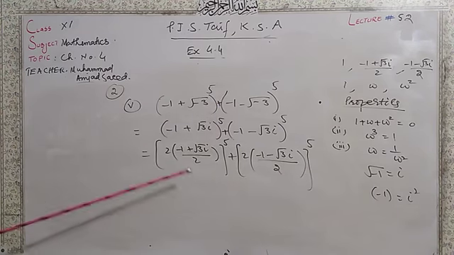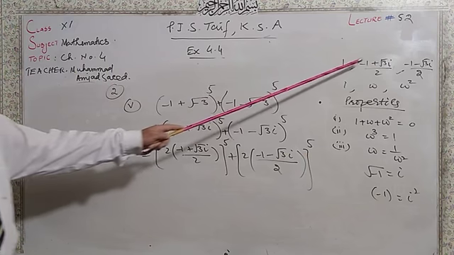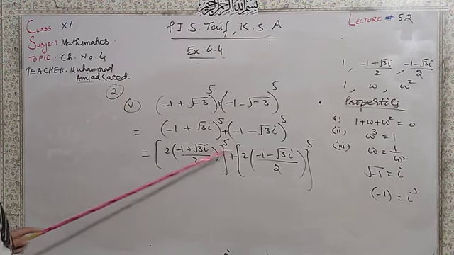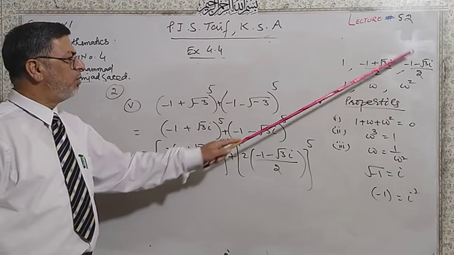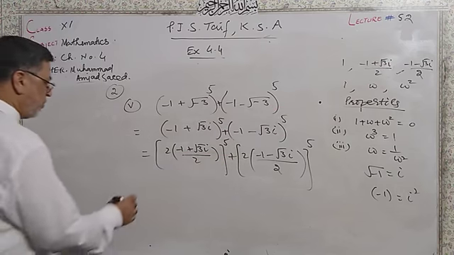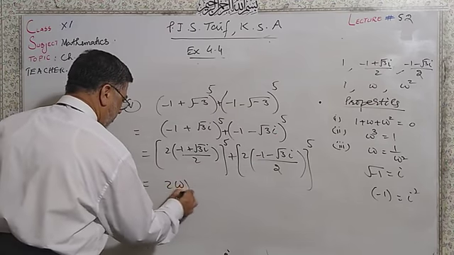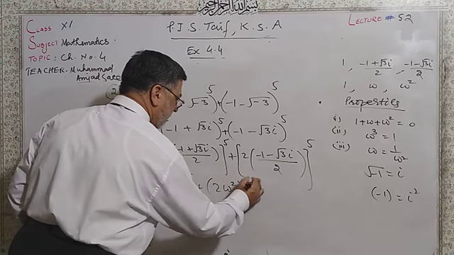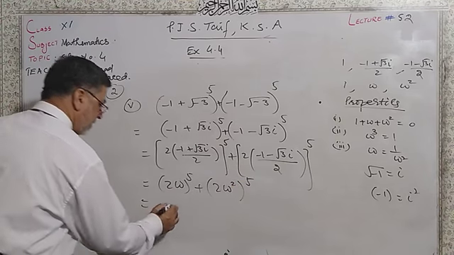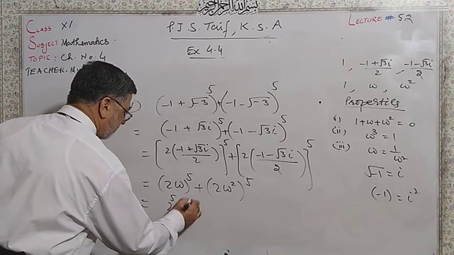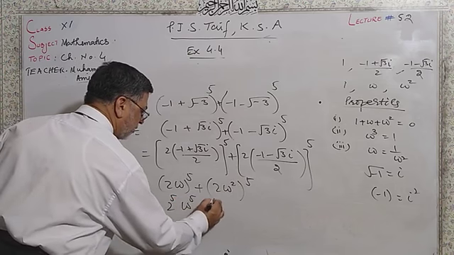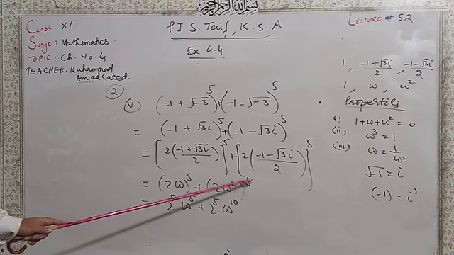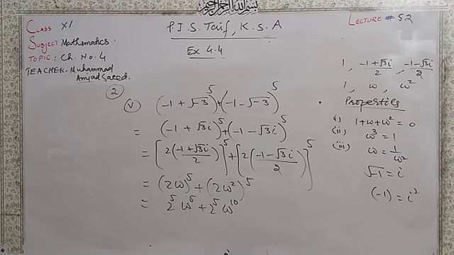Now, dear student, what is this? This is omega, and this one is omega square. So you can have (2 omega) power 5 and (2 omega square) power 5. It will be 2 power 5 omega 5 and 2 power 5 omega 10. Remember that power over power, both are multiplied.